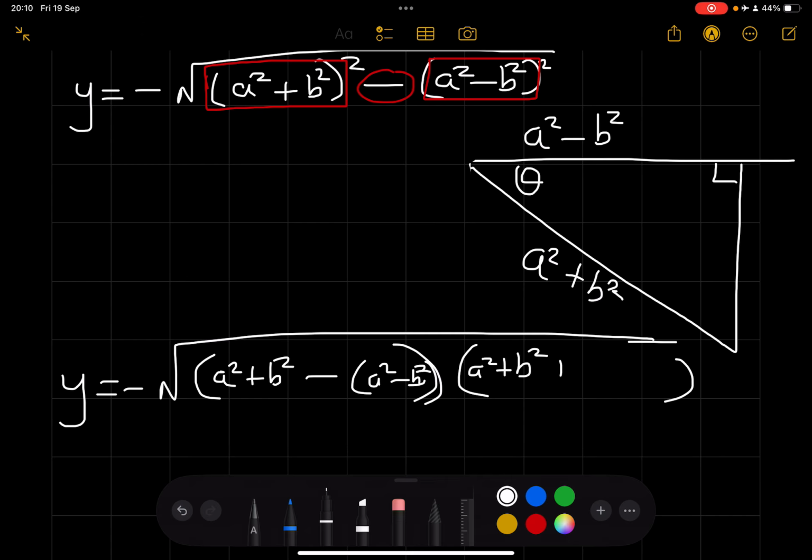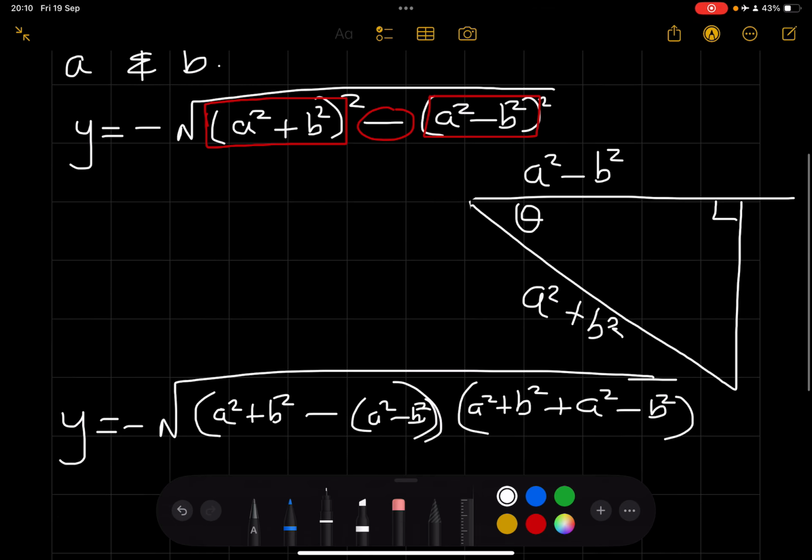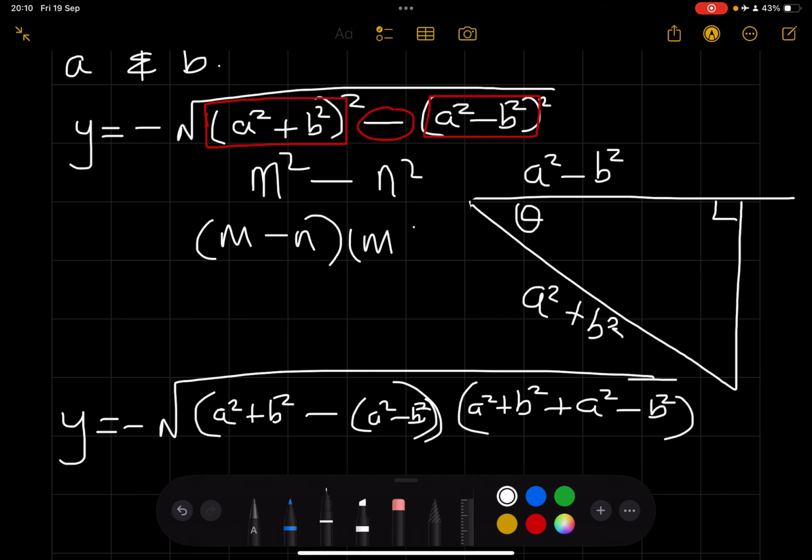And then we're going to add, and if we add, we don't need to put a bracket, (a squared minus b squared). I factorize this like I have m squared minus n squared, then it's (m minus n) and then (m plus n). Do you see it? This is my m, that is my n. I'm sure it makes sense, ladies and gents.